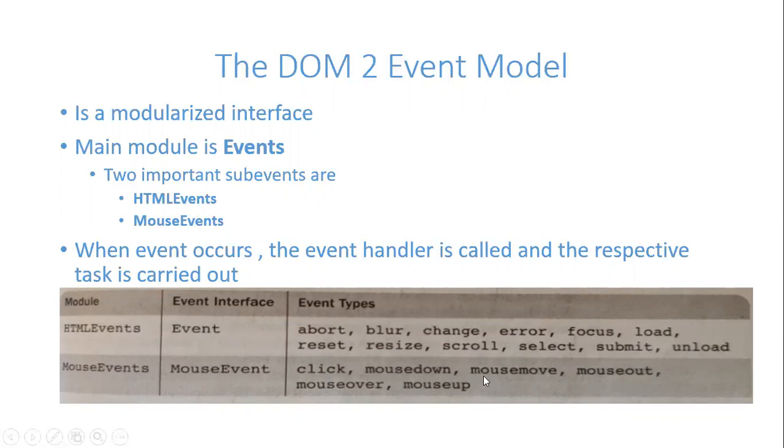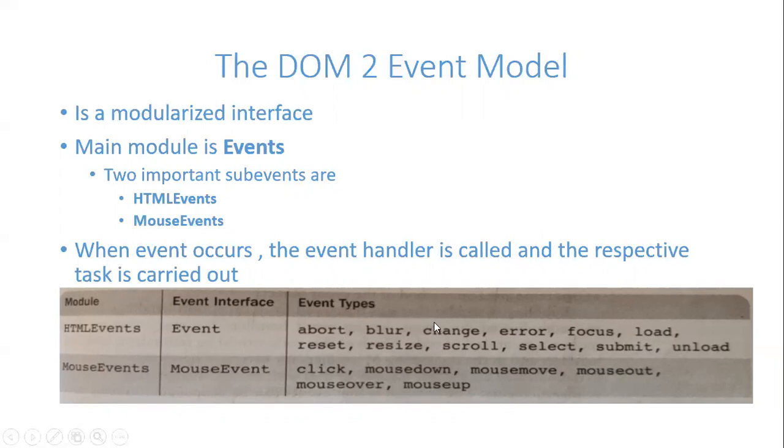Similarly, for mouse events, the routine ones: click, mouse down, mouse move, mouse out, mouse over, mouse up. The interface here is mouse event, and the submodule is the mouse event submodule.